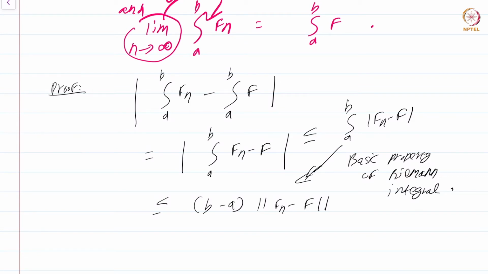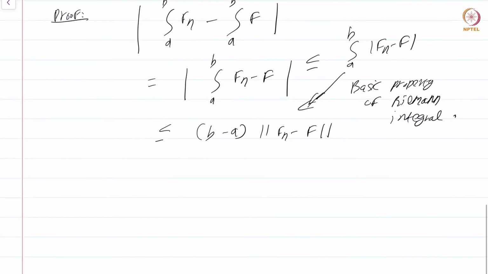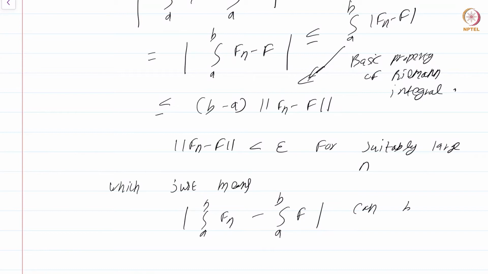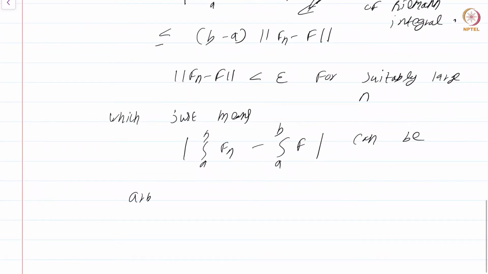How does this help? Well, the norm of fn minus f can be made less than epsilon for suitably large n, which just means that the modulus of the integral from a to b of fn minus the integral from a to b of f can be made arbitrarily small for large n.